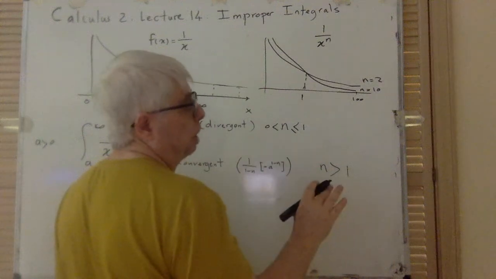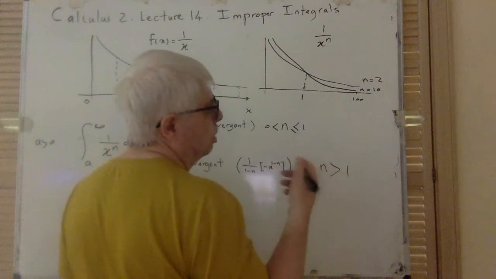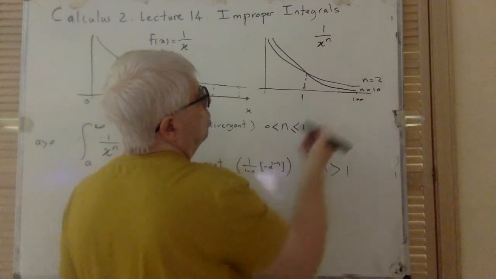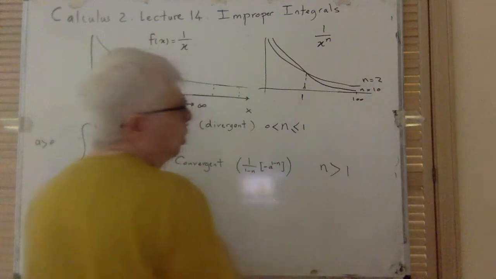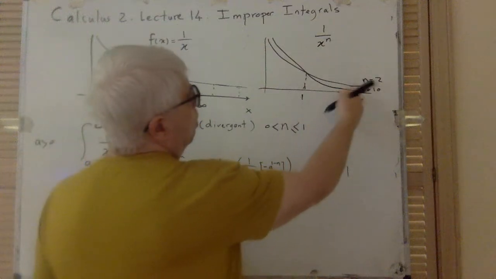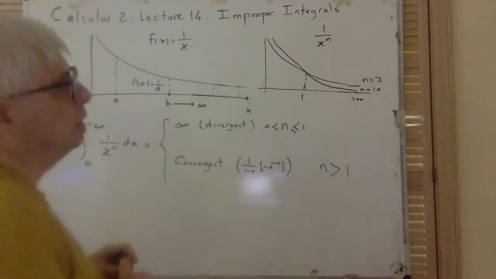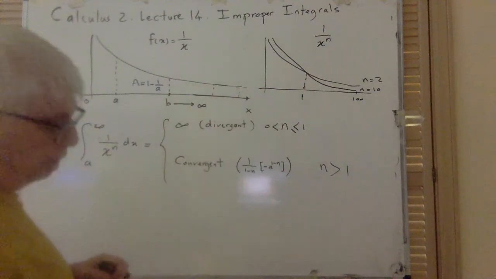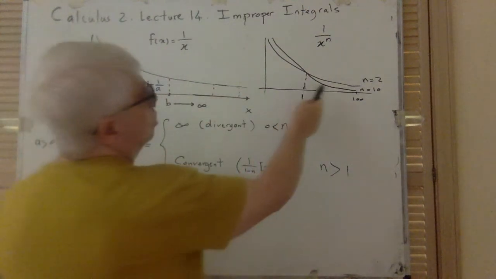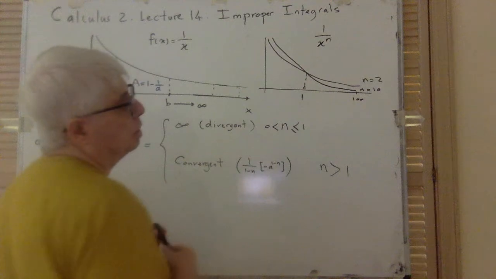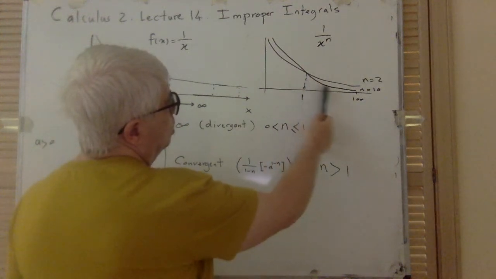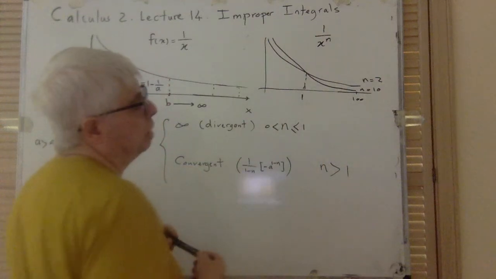It never intersects or touches, but let's say almost. But for n equals 2, 100 to the power 2 is just 10,000, so this should be above this one. So as n gets larger and larger, the curve gets closer and closer to the x-axis much faster, and so the area under this one is much smaller than the area under the other one.